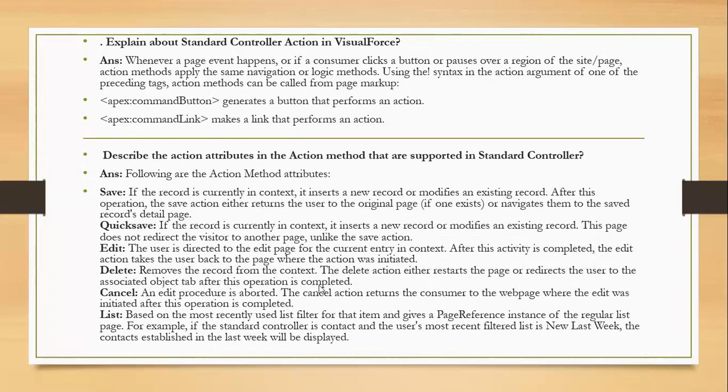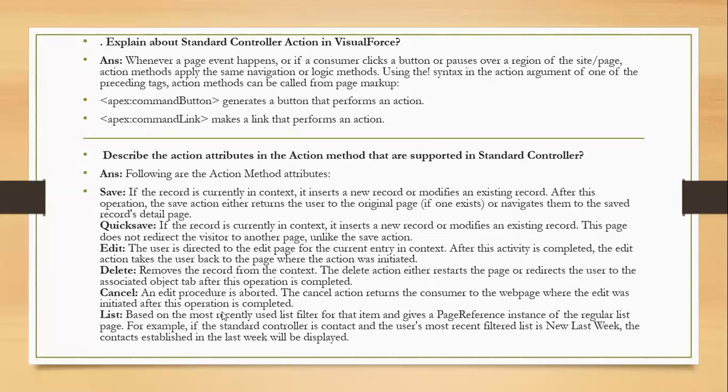Cancel: the edit process is cancelled and the record is not updated. The cancel action returns the consumer to the web page where the edit was initiated after the operation is completed.